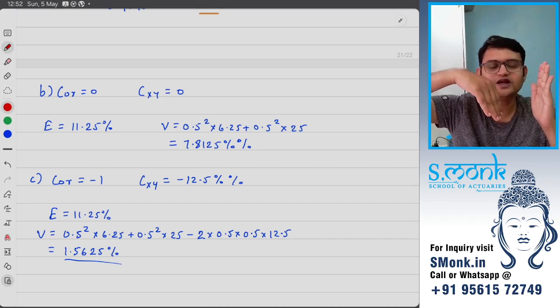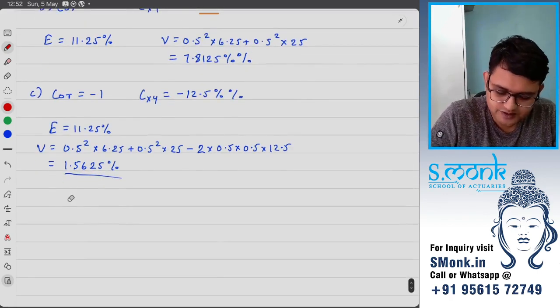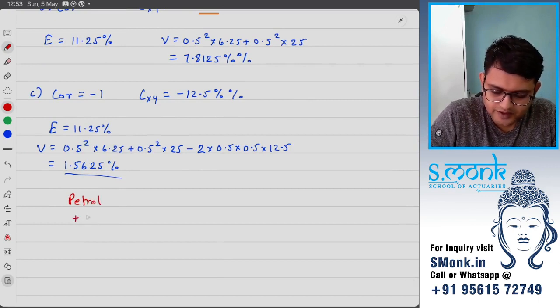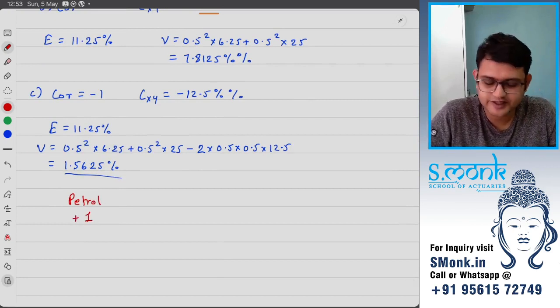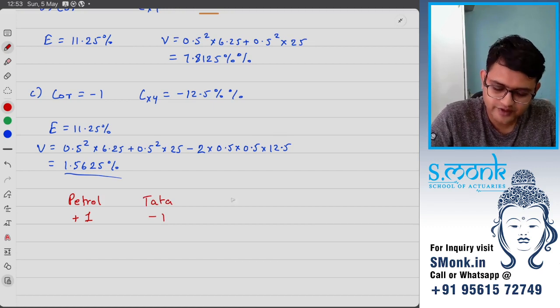So if I had bought, let's assume a 1:1 ratio, that means I'm saying if petrol prices increase by 1 rupee, Tata Steel stocks will decrease exactly by 1 rupee and HP Petroleum will increase exactly by 1 rupee.